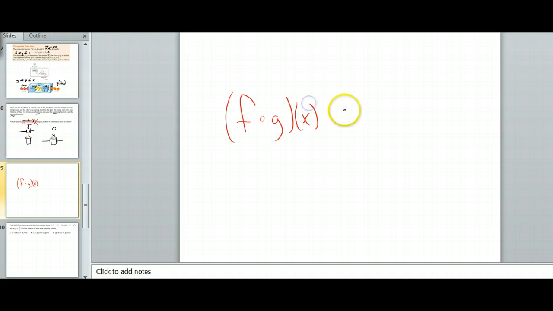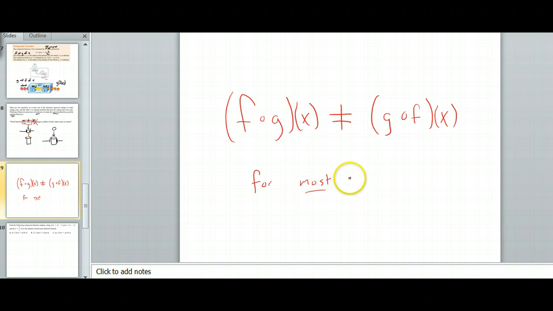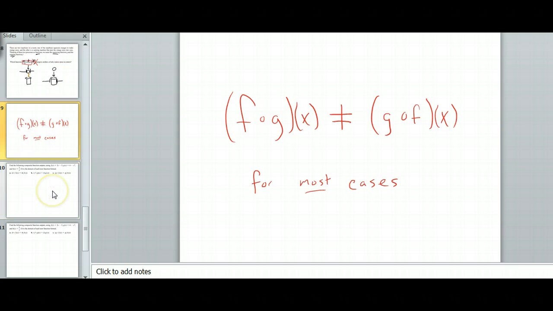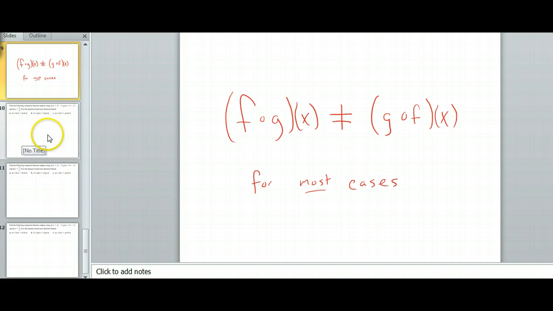That's not to say they're never the same thing, but it's extremely rare. So f of g of x is not the same as g of f of x for most cases. There will be some cases we'll study later on where they are, but extremely rare.